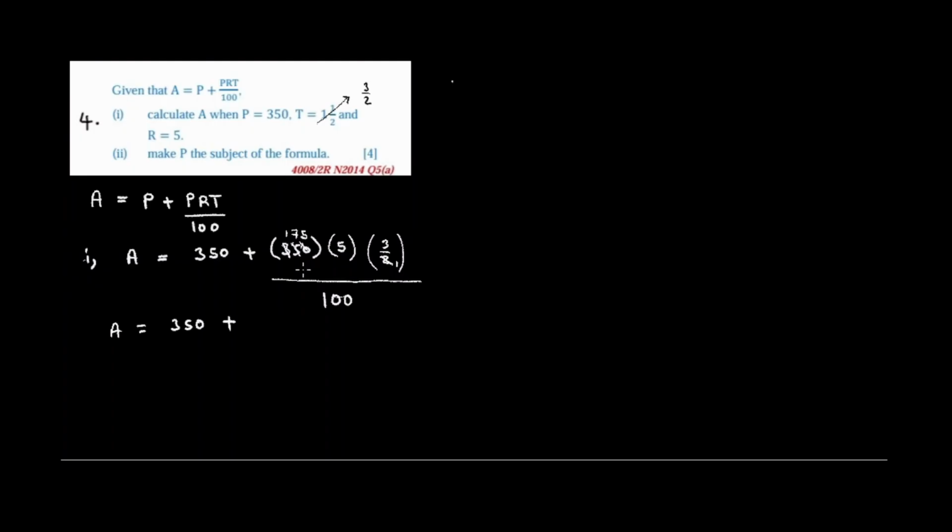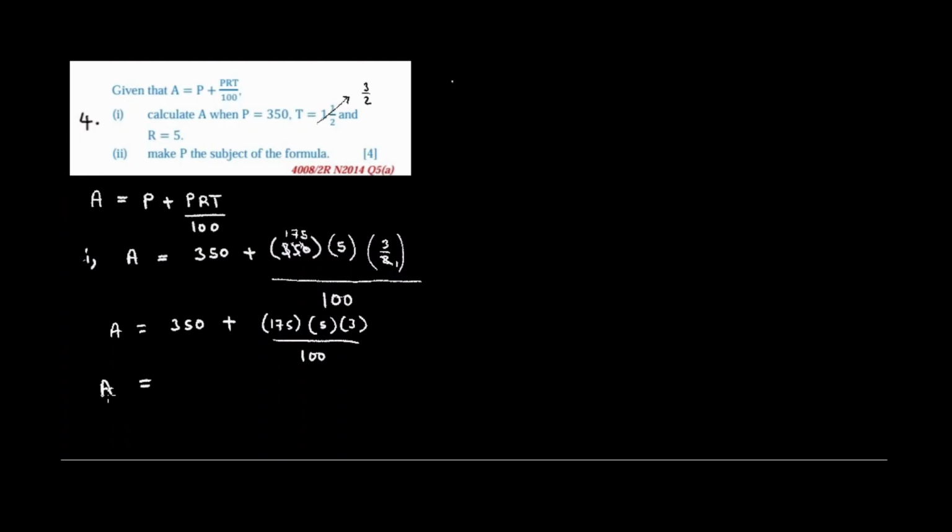So we are left with 350 being added to 175 times 5 times 3 over 100. Here is where I want to use my calculator. I have a powerful Casio calculator.